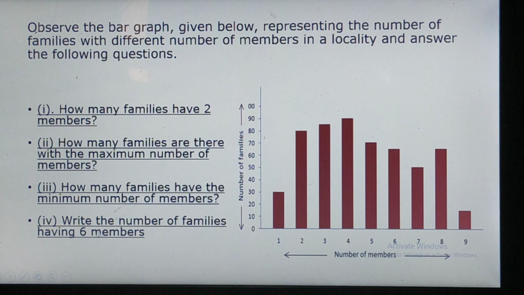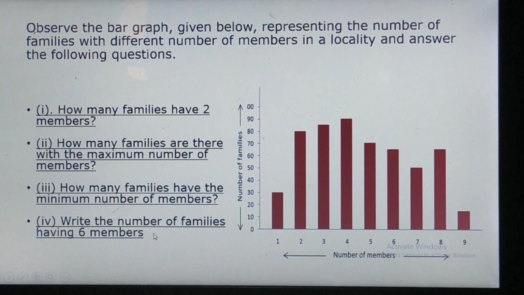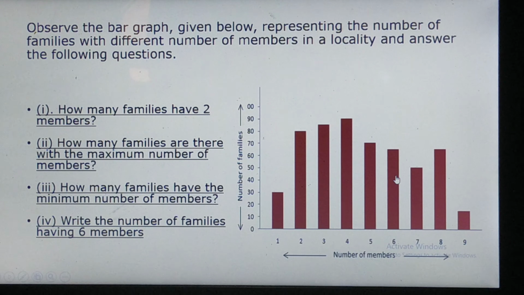And the next one, write the number of families having 6 members. So check where the number 6 is as a member here. The number of members which is 6 means this bar. Okay, and how many families have 6 members?